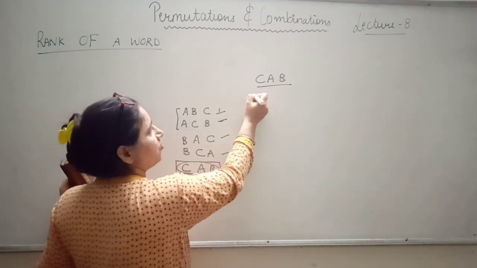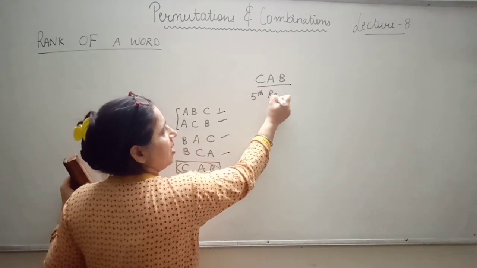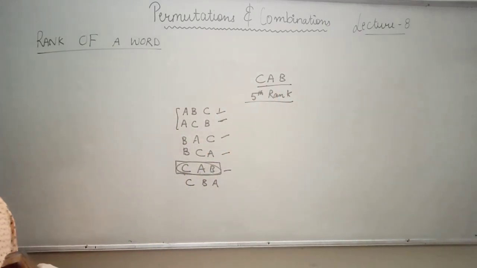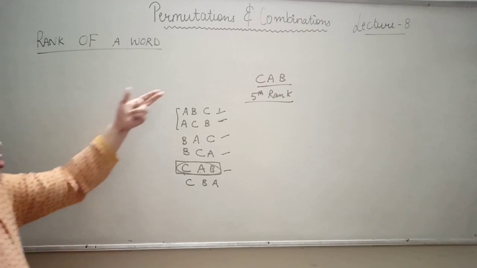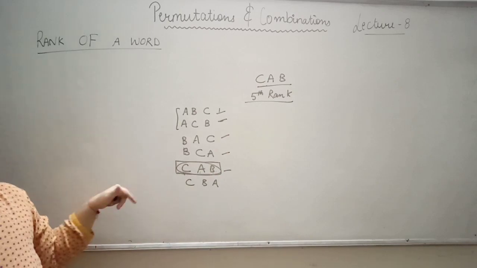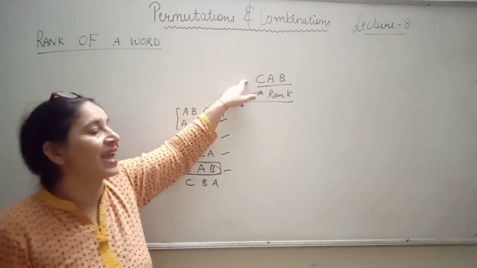So this is at the fifth rank. So what is the rank of the word CAB if you are writing it according to the dictionary? Now this was a very small word of 3 letters. It was very easy to find out the rank.